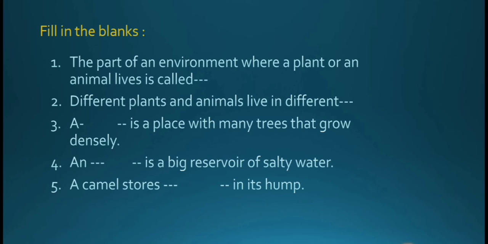Have you given the answer? The part of an environment where a plant or an animal lives is called dash. Okay, let's see the answer. It is habitat. So the part of an environment where a plant or an animal lives is called habitat.